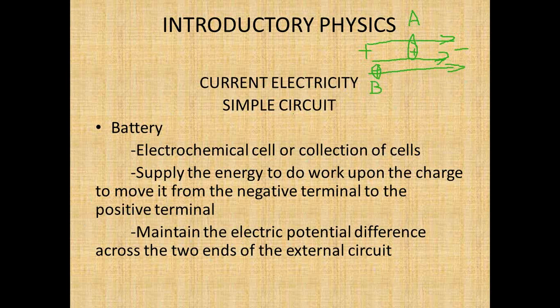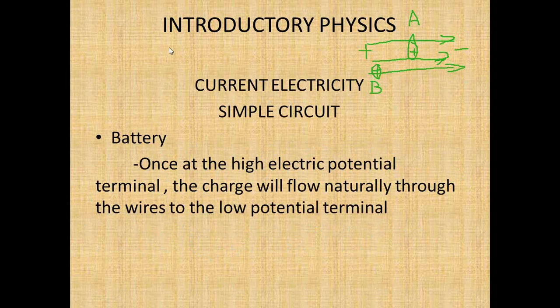But once you close the circuit, then the charge is going to flow naturally. Once at the high electric potential terminal, the charge will flow naturally through the wires to the low potential terminal.